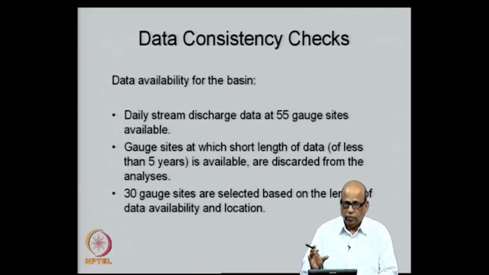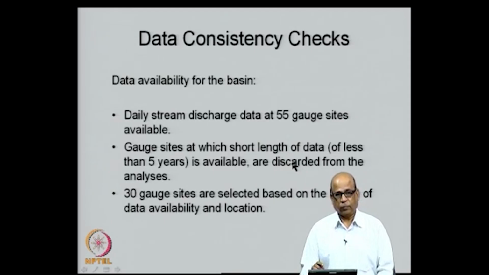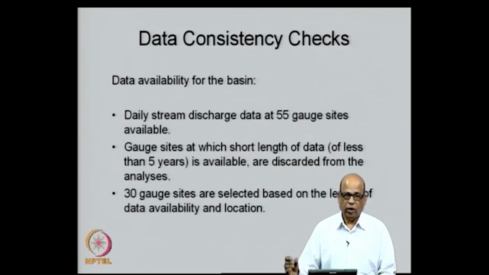but many of which will have very short length of data. Let us say of less than 5 years, the gauges have just been put in place, or even if they were put in place earlier, the data has not been recorded or has not been filed, and therefore we have a very short length of data of less than 5 years and so on.